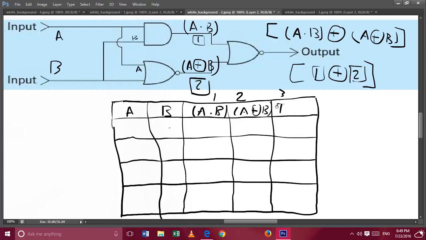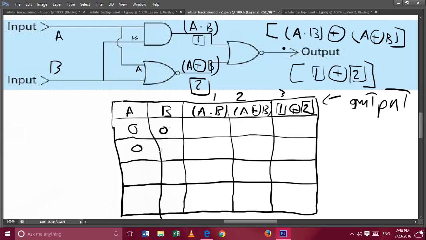You can write whatever labels that you want, but remember that this column here, number 3, is actually the output. So let's get to it. The rest is really easy.